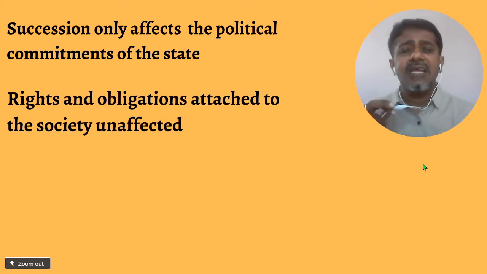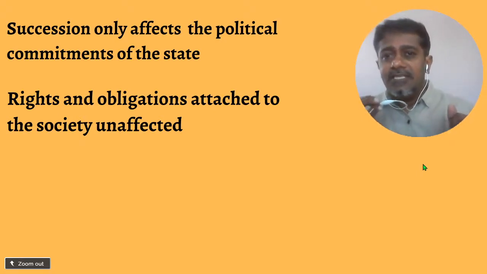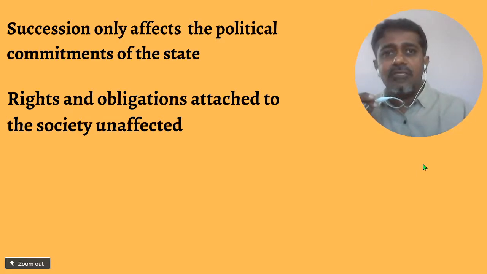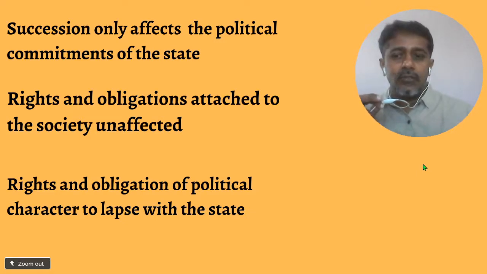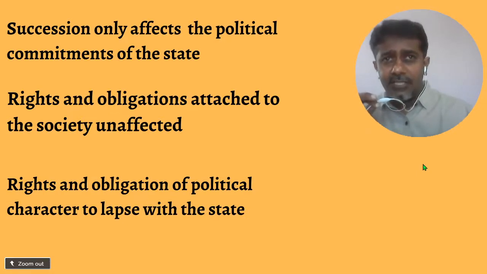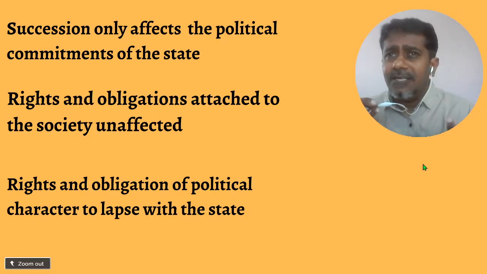Rights and obligations attached to the society as a social personality of the state remain intact. That is what has been said by this organ substitution theory. So they say that rights and obligations of political character are to lapse with the state. Rights and obligations that are political in character, maybe whether to have a friendly relationship with some state or not, or what kind of foreign policy we should have with some other state, are political issues.